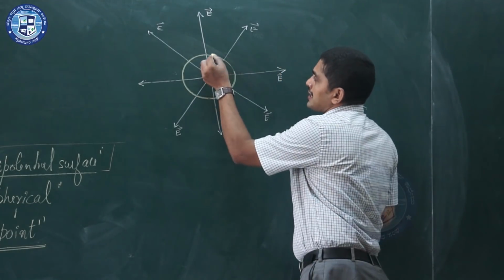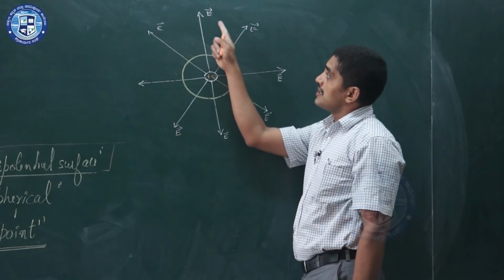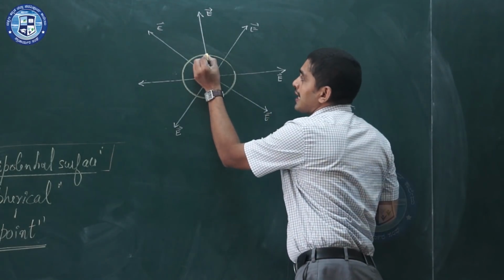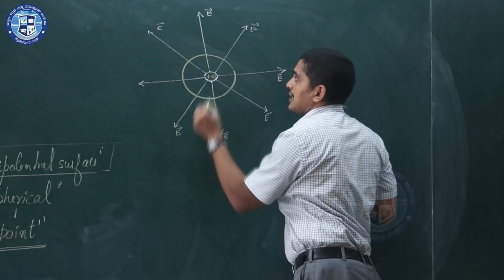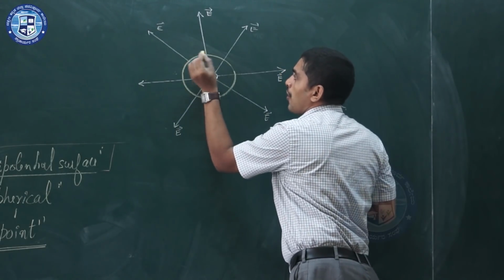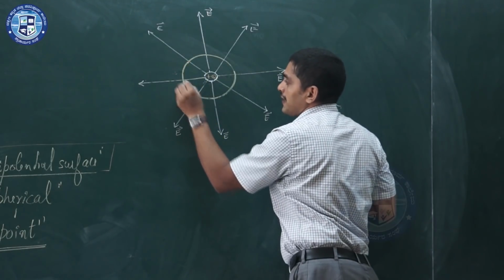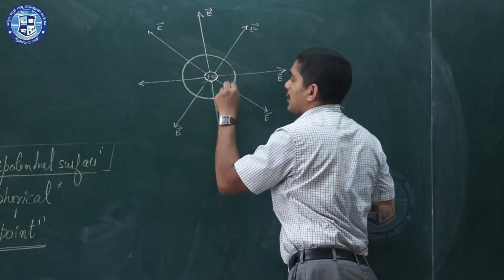Now if you look at this equipotential surface and the electric field, you draw any number of electric field lines like this, and you will see that at every point the electric field is always normal, or perpendicular, to the surface.